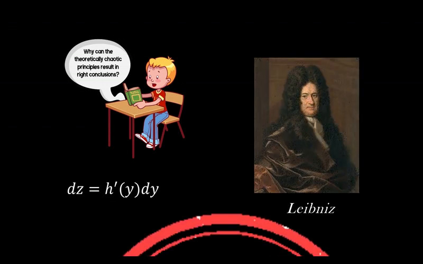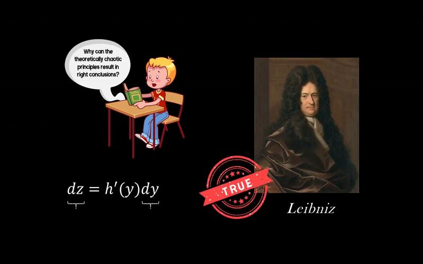Why can the theoretically chaotic principles result in right conclusions? This is because the form of dz equals h prime(y) dy is right in the sense of Leibniz's system, where the dy, dz, and the corresponding principles and the definition of the differential are different from those in the current calculus system.